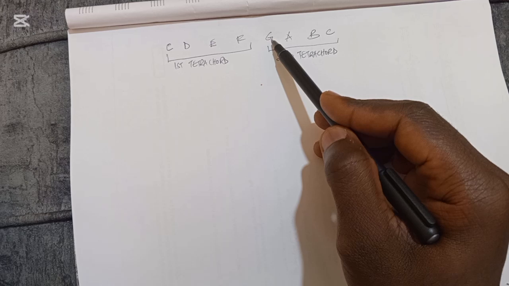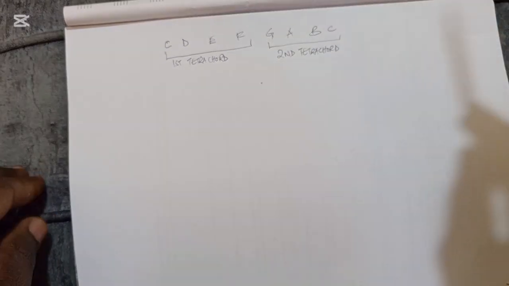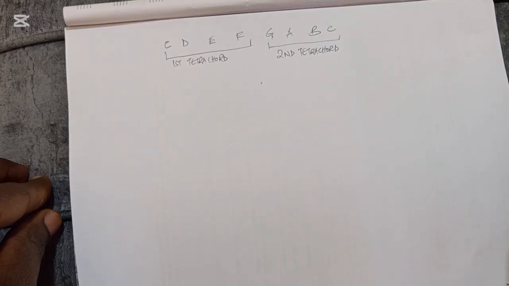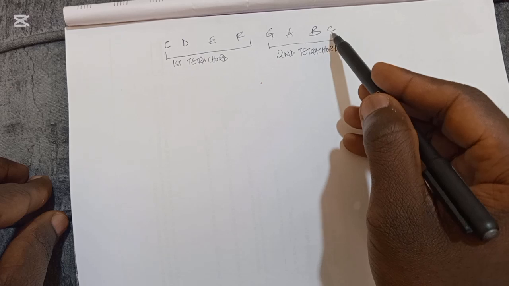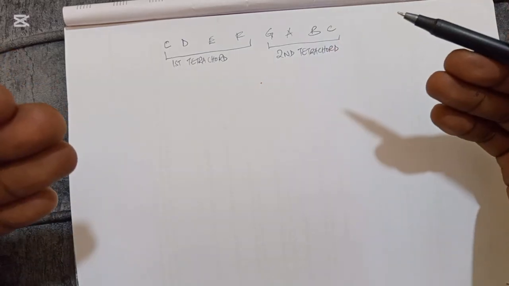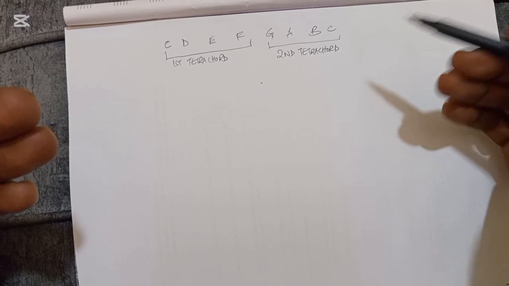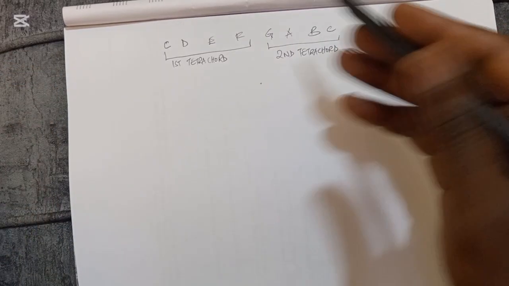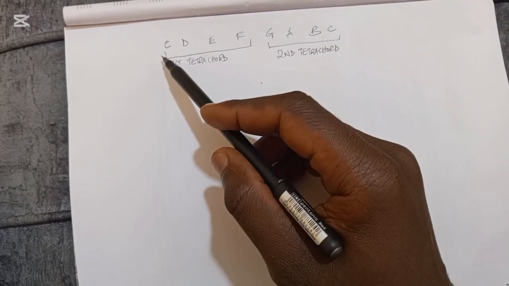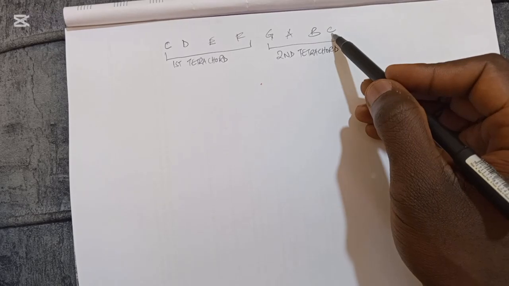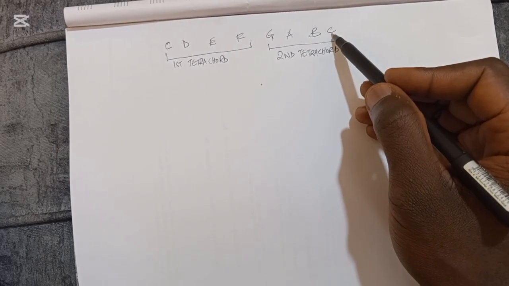So if G is the 5th from C going forward, to move to the next key for flats we are going to use a key which is 5th from C, but now going backward. We are not going to use this first C, we are going to use the upper octave one to go backward.